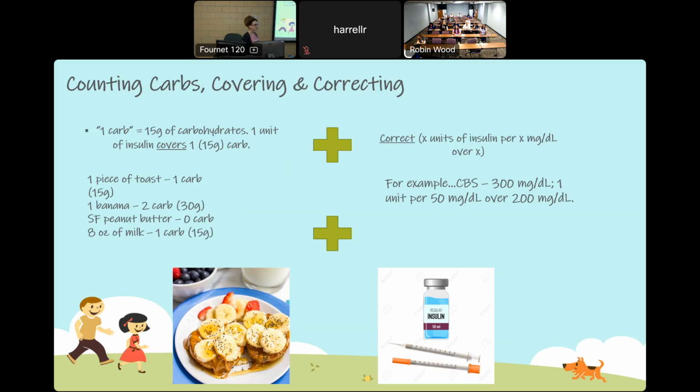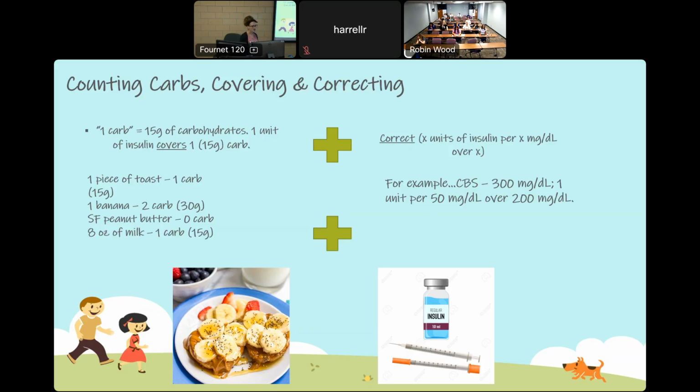So some patients, we might give them 1 unit and it covers their carb intake a whole lot better because their tissues are more sensitive. Whereas another patient might not be. And we typically see them be a lot more sensitive earlier in their disease process than we do later. So does that make sense? 1 carb equals 15 grams and 1 unit covers 1 carb.